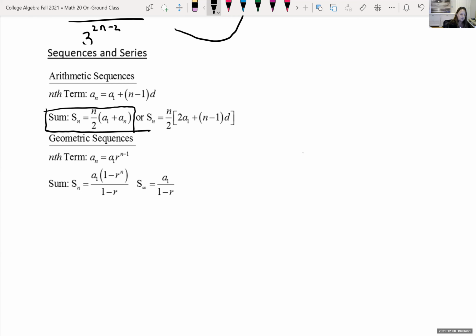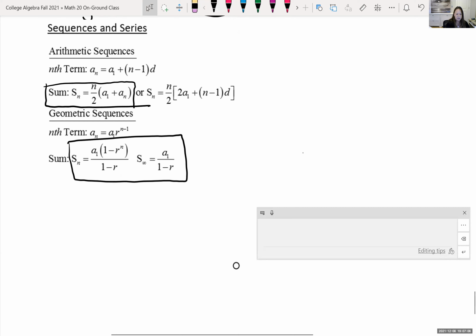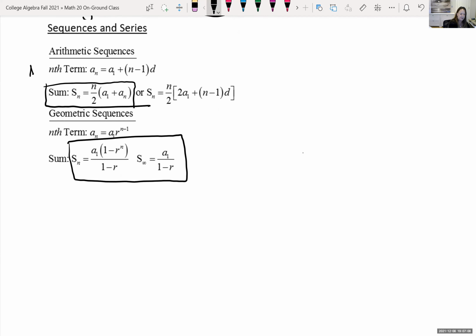Let's just look at this one. And geometric, I would give you this. And you'll need to know how to apply it. So you're going to need the definition, how to find the nth term. You'll need to know those of an arithmetic and geometric sequence.